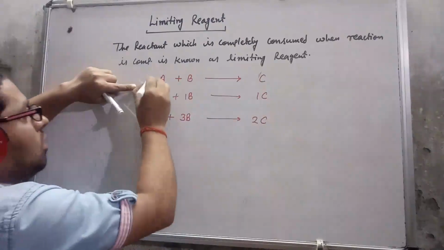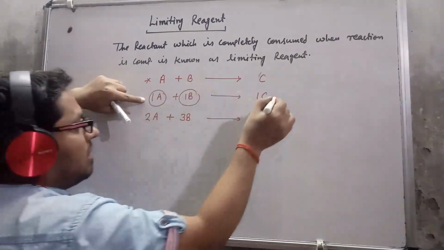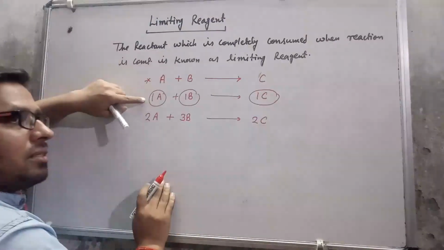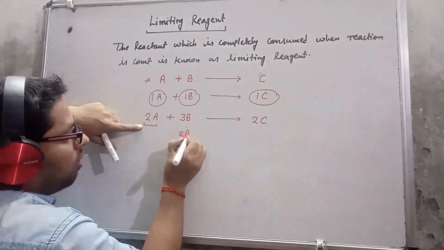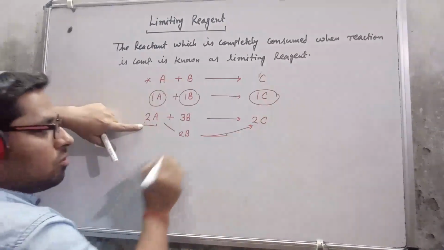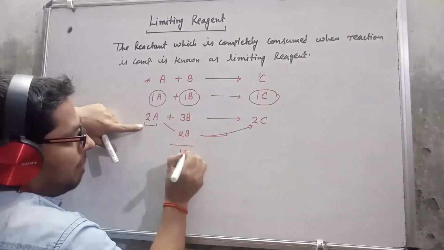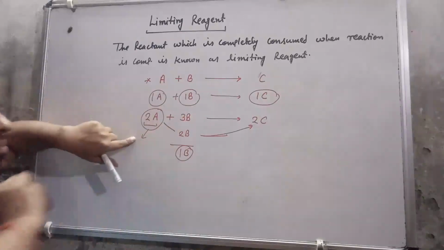From the actual equation we have seen, if 1 mole of A combines with 1 mole of B, then it gives us 1 mole of C. So 2 moles of A combine with 2 moles of B and give us 2 moles of C. So here B is left but A is totally consumed.